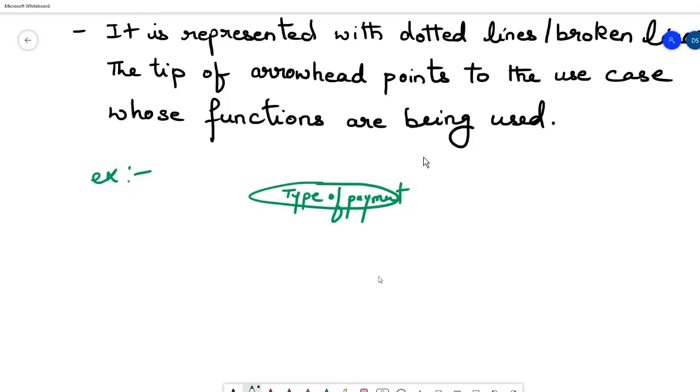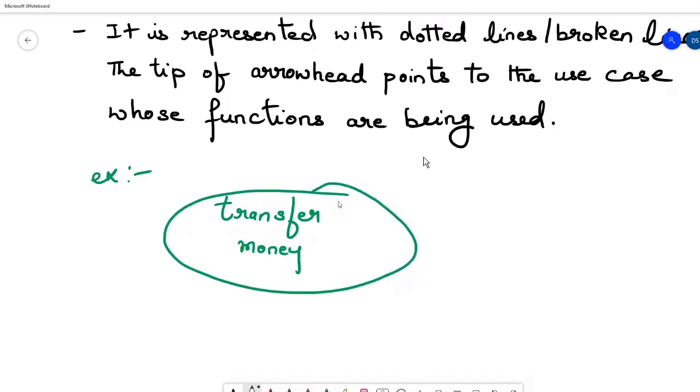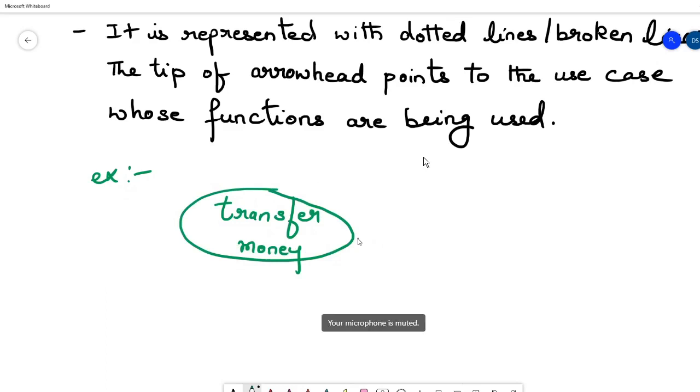If I'm transferring money, that would be easy to understand. Transfer money includes a use case which should have an option of payment in the system.